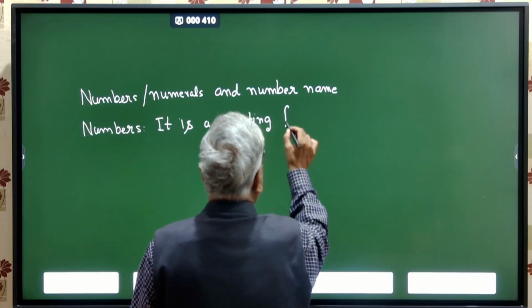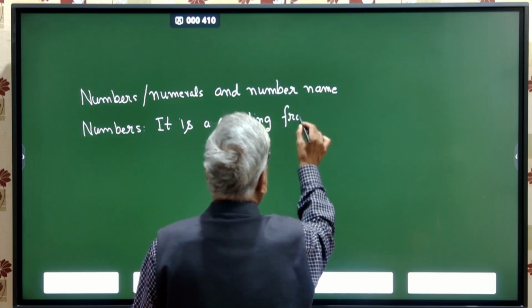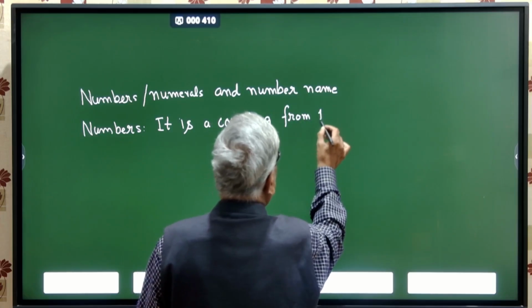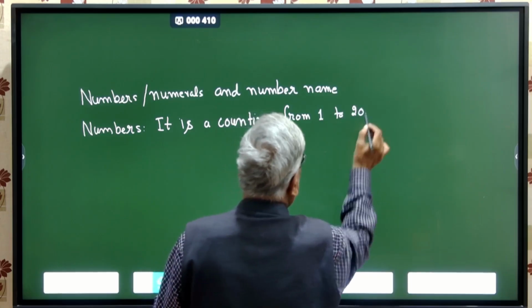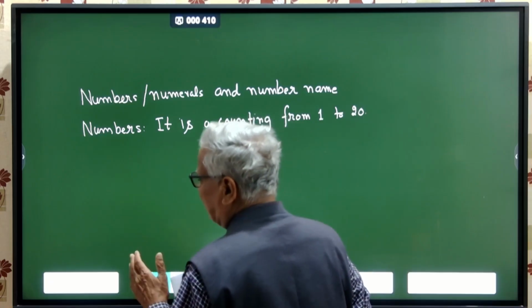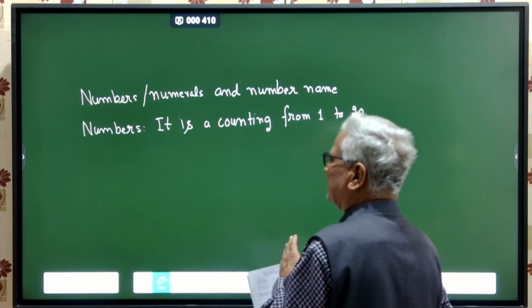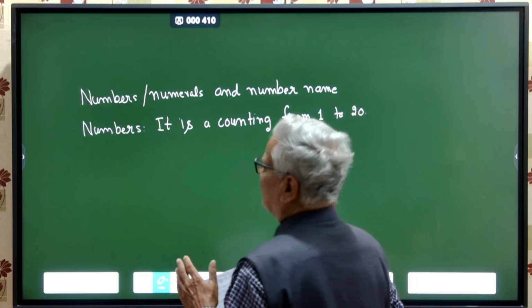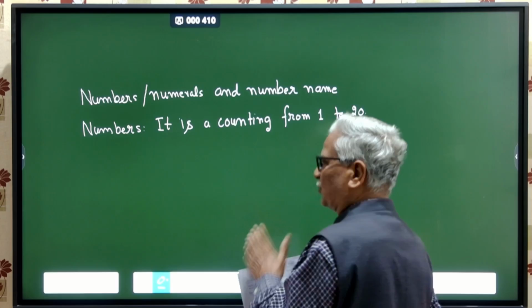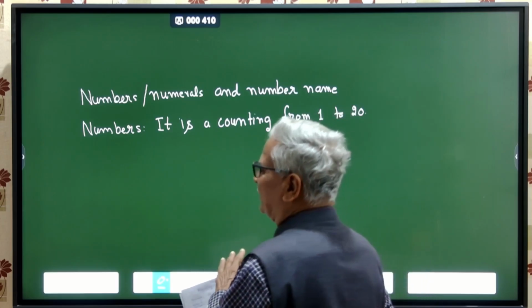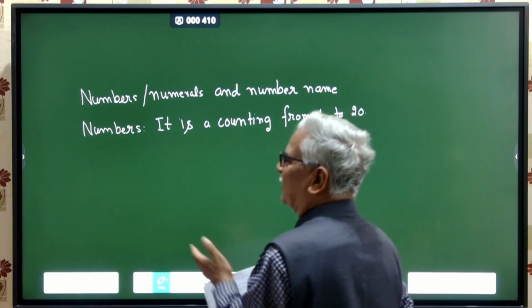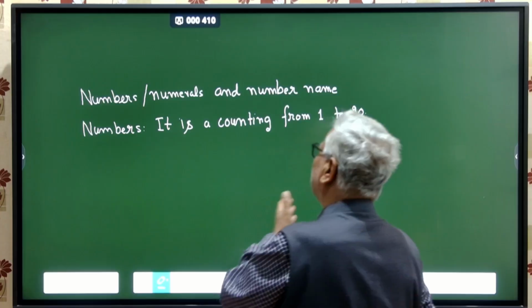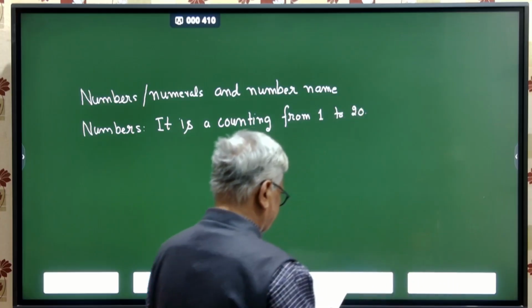From 1 to 20, because part 1 in the class 1 means beginning, the counting is always discussed from 1 to 20. Later on, we can discuss up to 50, and then in the third phase we can discuss up to 100.